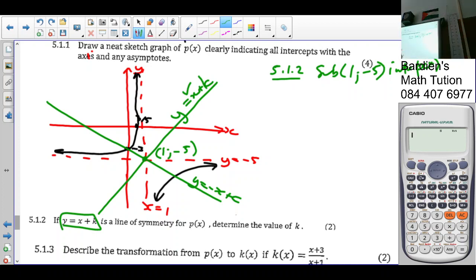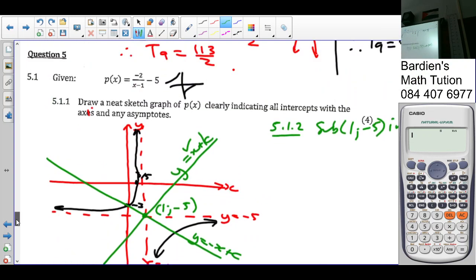Remember this, P of x, this is your y. So what do we have? Negative 5 is equal to, that's x and a y. Negative 5 is equal to negative 2 over 1.